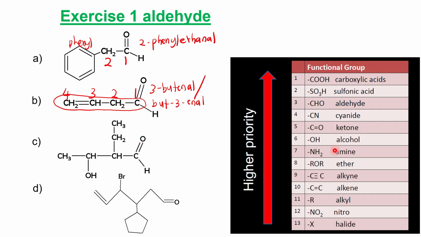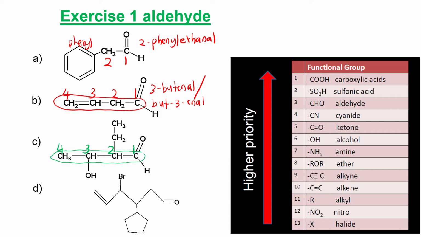For C, we have 2 functional groups, aldehyde, C double bond OH, and also OH, alcohol. Between alcohol and aldehyde, aldehyde will become the parent name. We will start numbering from the right hand side. The longest continuous carbon chain including the functional group is 1, 2, 3 and 4.